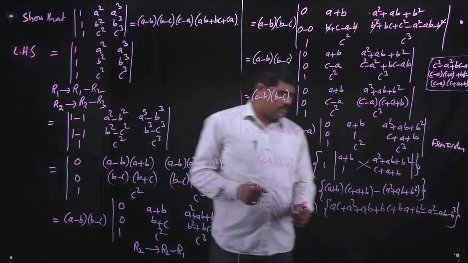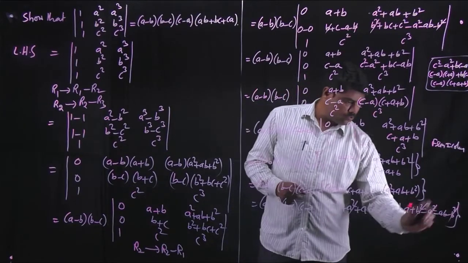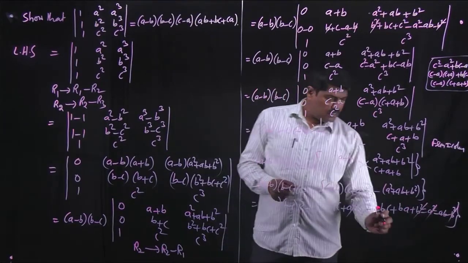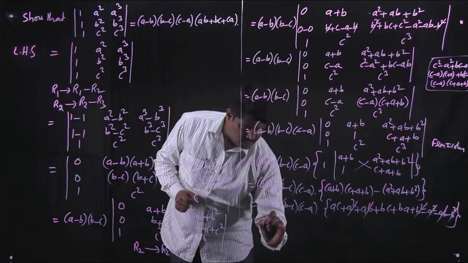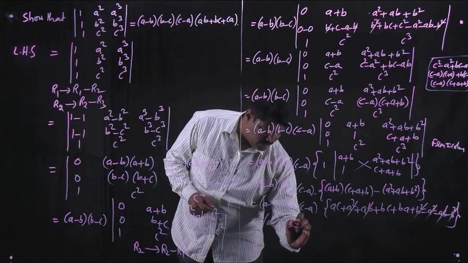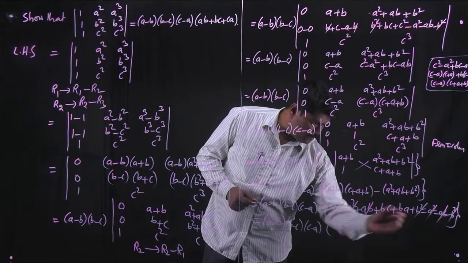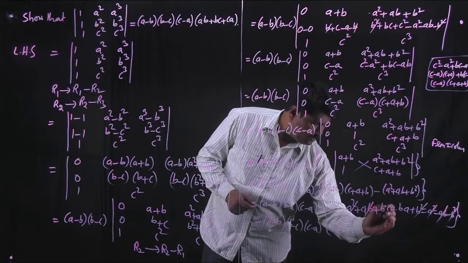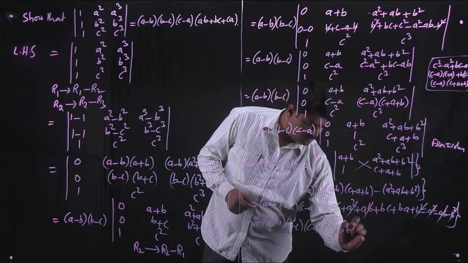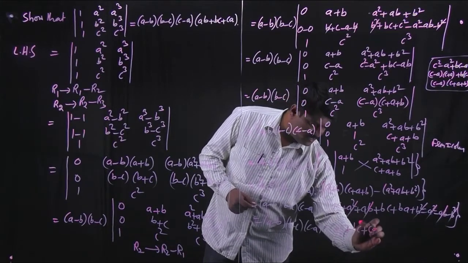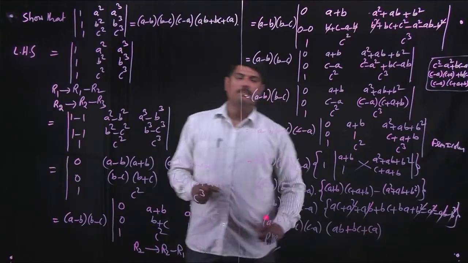So here we have some eliminations. B square gets cancelled, A square also gets cancelled, and AB minus AB also gets cancelled. The remaining part is the answer: A minus B, B minus C, C minus A into, the remaining values, BA, which you can write as AB, and BC, and AC, which you can write as CA. This is the RHS of the given problem.